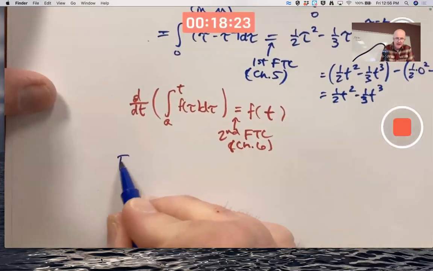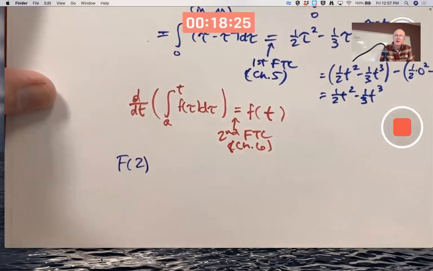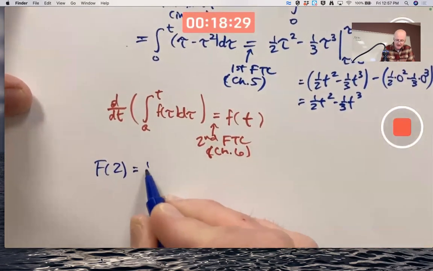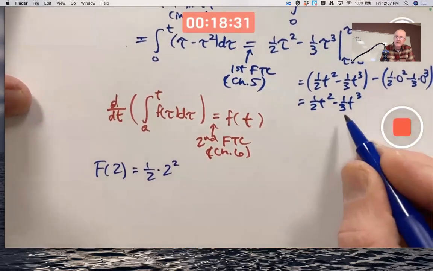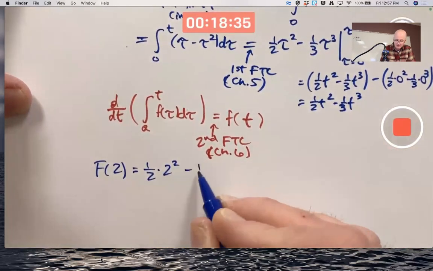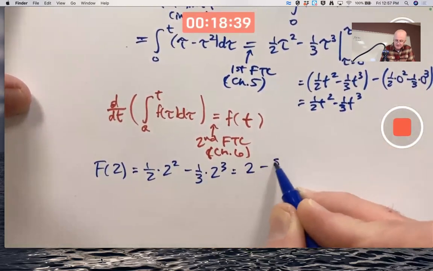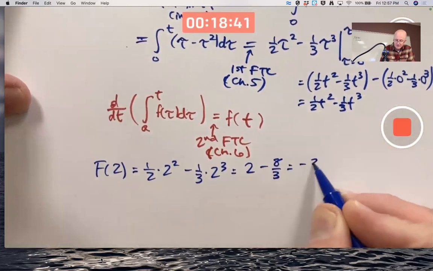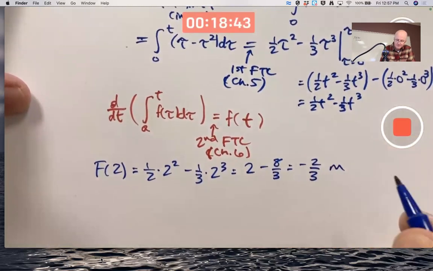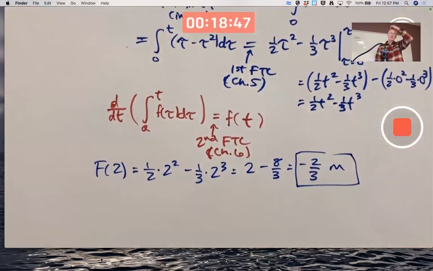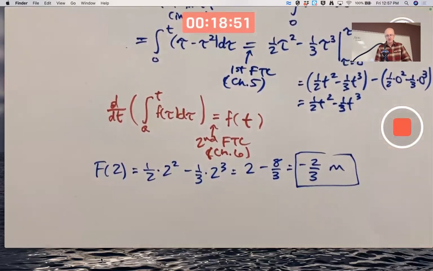It would be capital F of 2. Here's the formula for capital F. That'll be 1/2 times 2 squared, plugging in here, minus 1/3 times 2 cubed. And that will be 2 minus 8/3, which is negative 2/3 meters, is the change in position over 2 seconds. It's also the same as the actual position since I started at position 0.